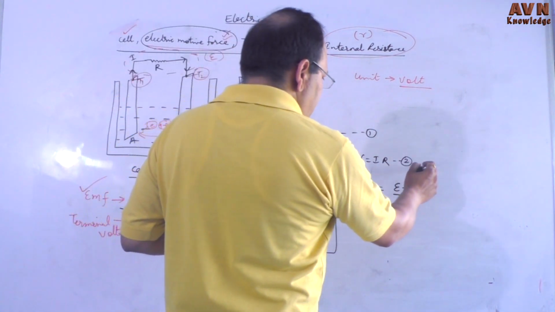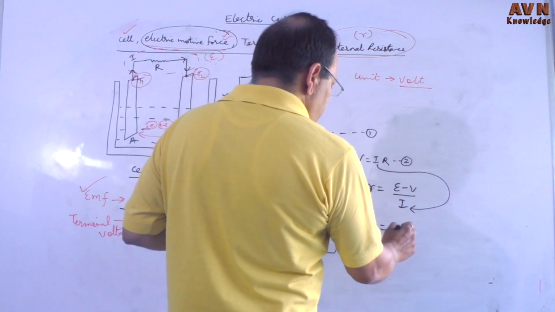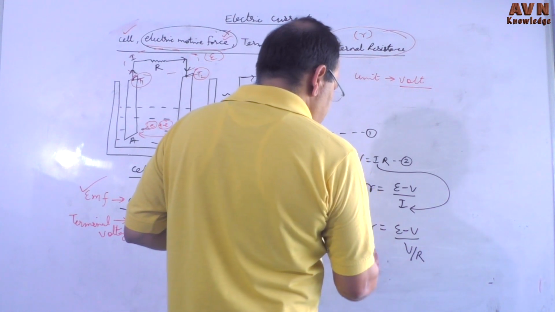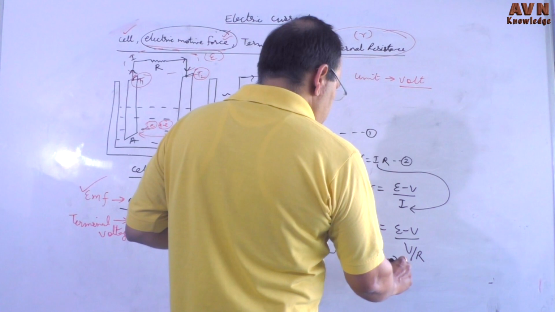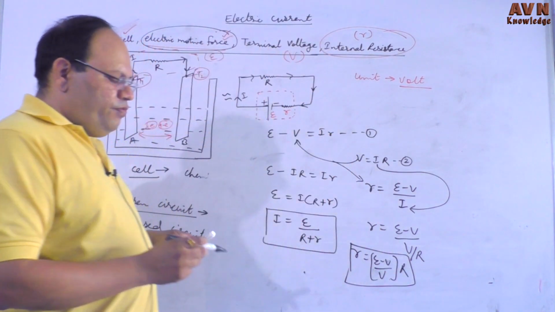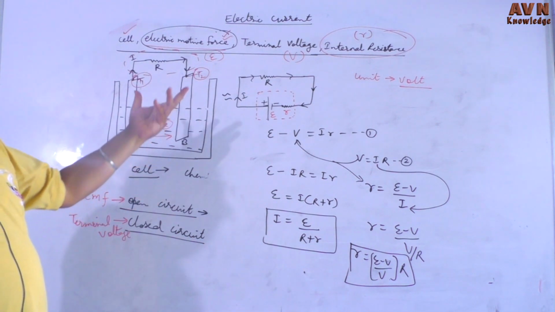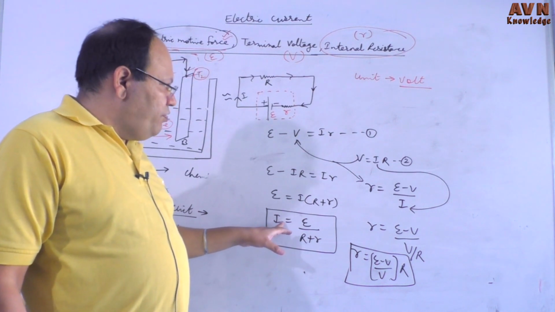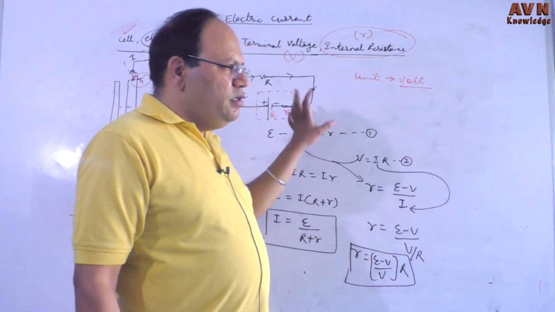And from this equation you can write r equal to E minus V, V upon R, or you can say r equal to E minus V upon V into R. This is the internal resistance of the cell. The unit and dimension are the same as resistance. So this is the current flowing in this cell and this is the internal resistance of this cell.